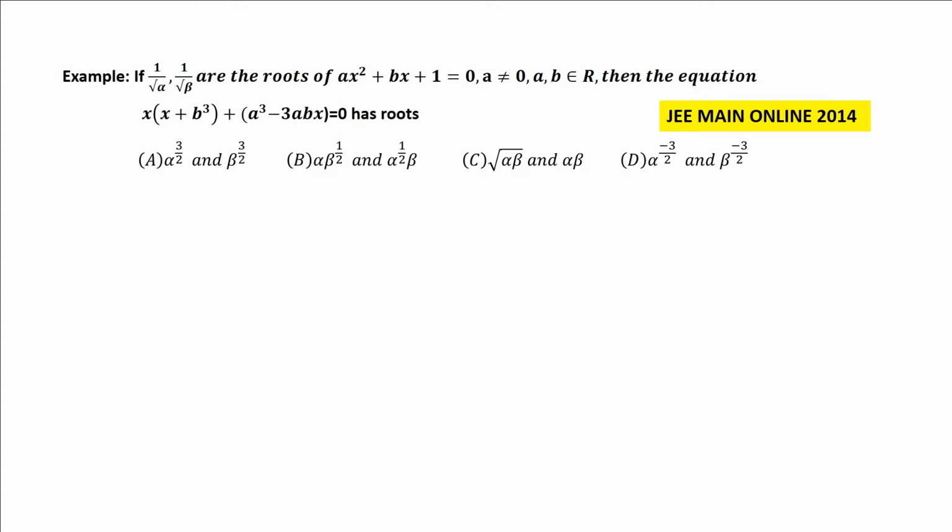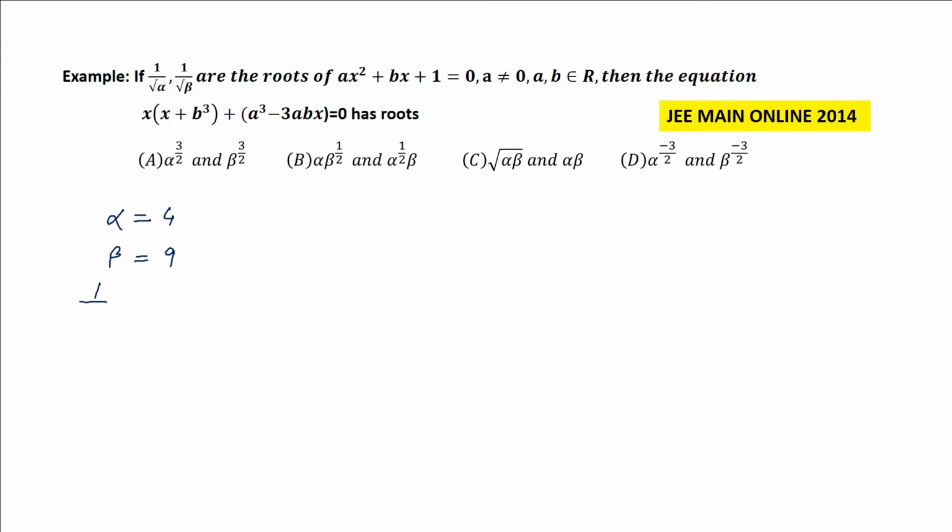So here first we start assuming alpha equal to 4 and beta equal to 9. You see why we take these type of values? Because root alpha and root beta become integers.